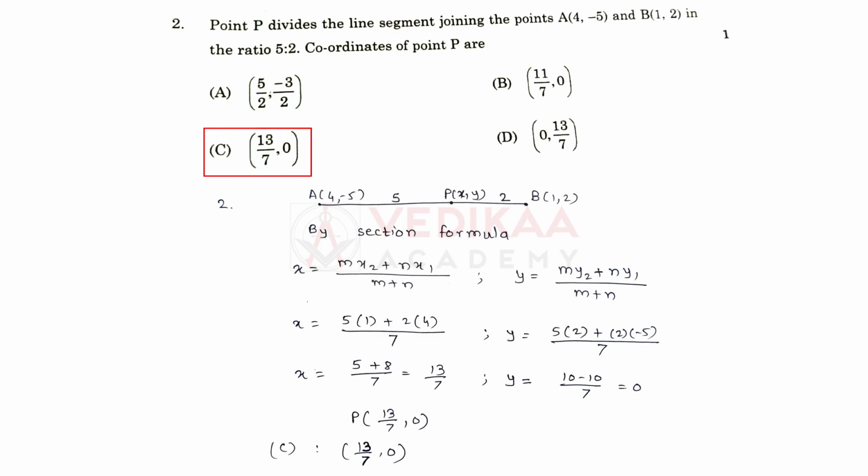Similarly, the y coordinate is (my2 + ny1) upon (m + n). If you calculate the values of x and y, x is equal to 13 upon 7 and y is equal to 0. So the coordinates of P are (13/7, 0). The correct answer is C, 13 upon 7, 0.